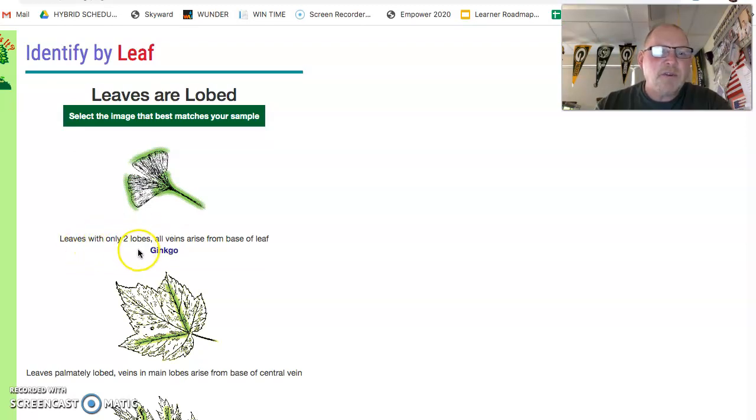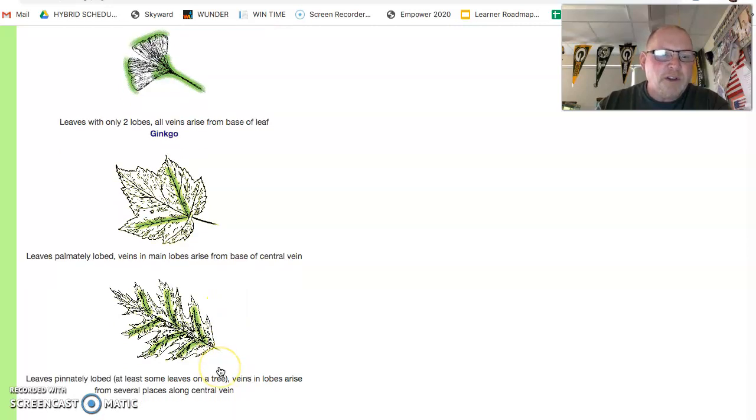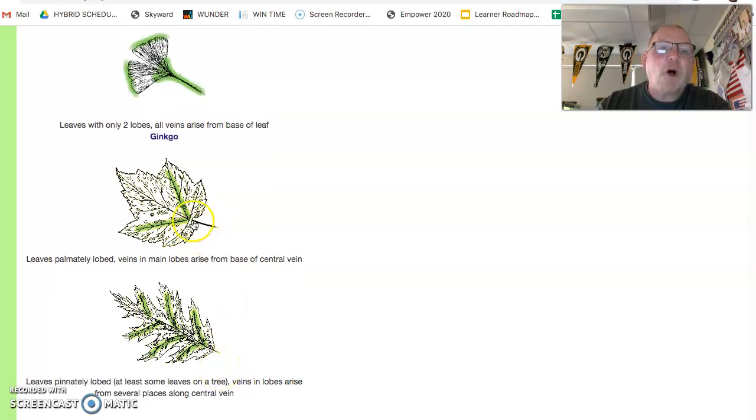Are the leaves with only two lobes, like 1 and 2? Or are the leaves pinnately lobed? The veins in the main lobe arise from a central vein. So here's our central vein, and all of the lobes come off of one point. That's palmate.